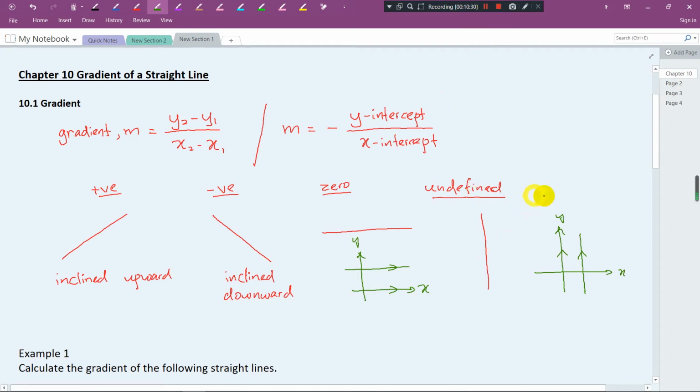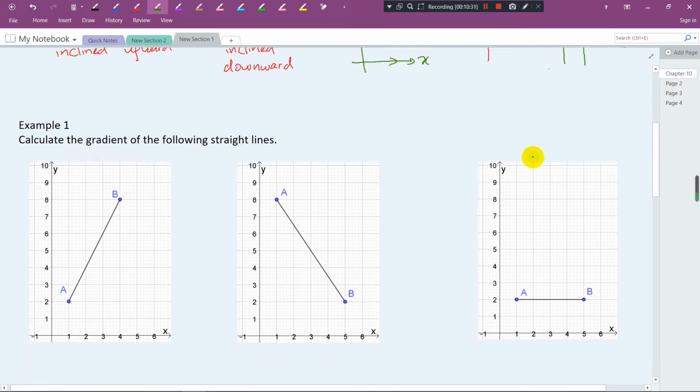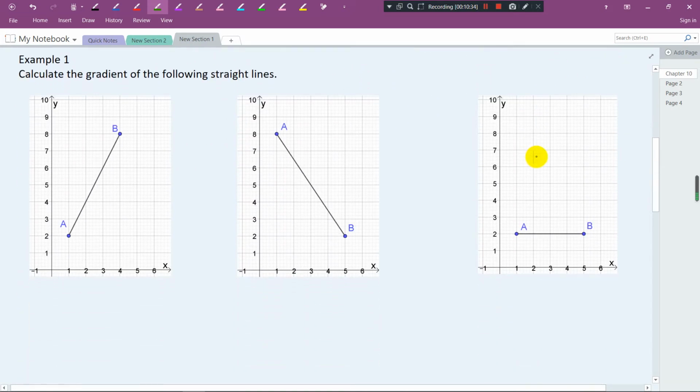Okay, so now let's see how we calculate the gradient using the two formulas that I just showed you just now. Calculate the gradient of the following straight line. Now, gradient normally we will use m to represent it. So how do we get the coordinates?